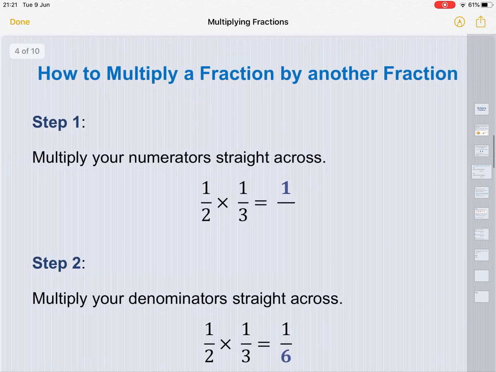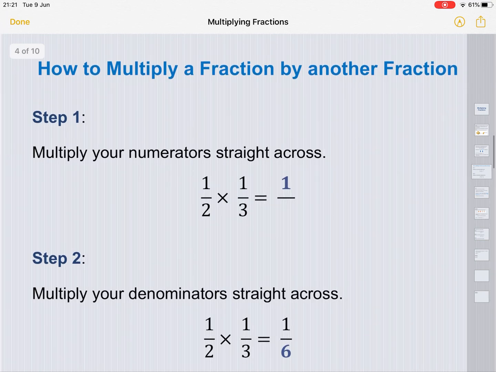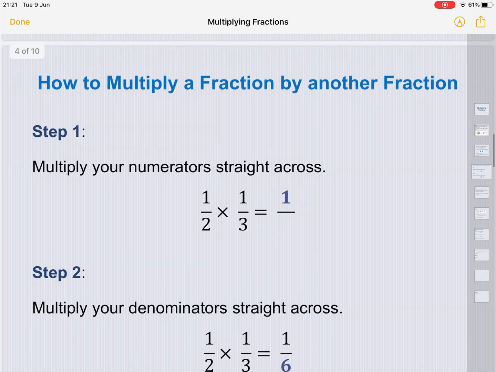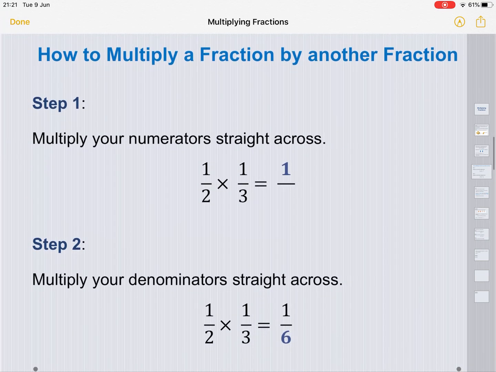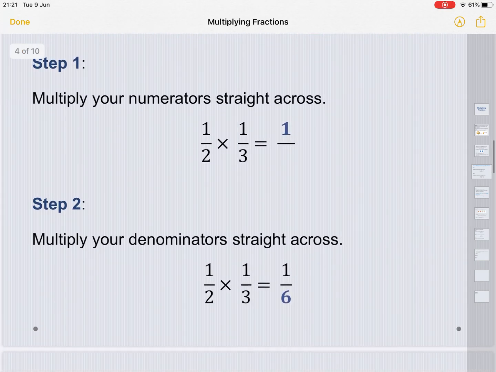In the first step, we need to multiply our numerators straight across. So we have 1/2 times 1/3. The numerators are 1 and 1. 1 times 1 equals 1, boys. That's step 1, multiply numerators.